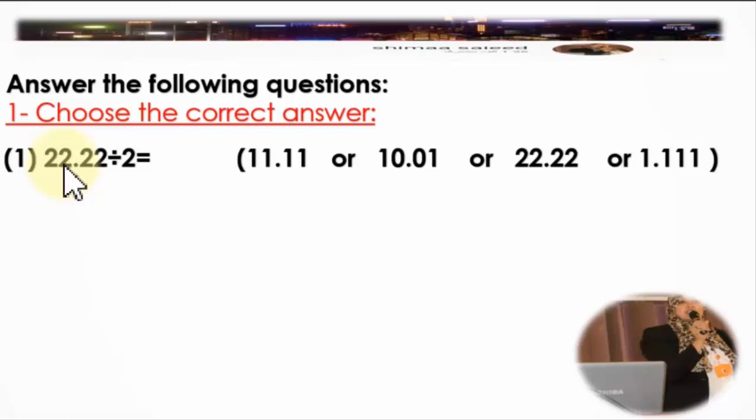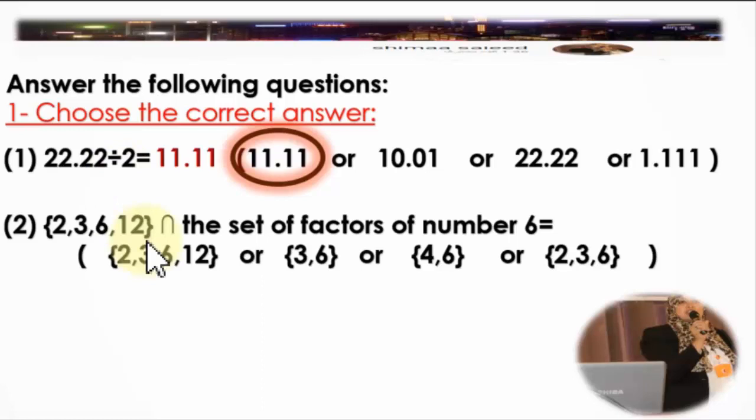Then don't forget to put the decimal point. 2 in tenths place divided by 2 equals 1 in tenths place, and another 2 in hundredths place divided by 2 equals 1 in hundredths place. So the result is 11.11.